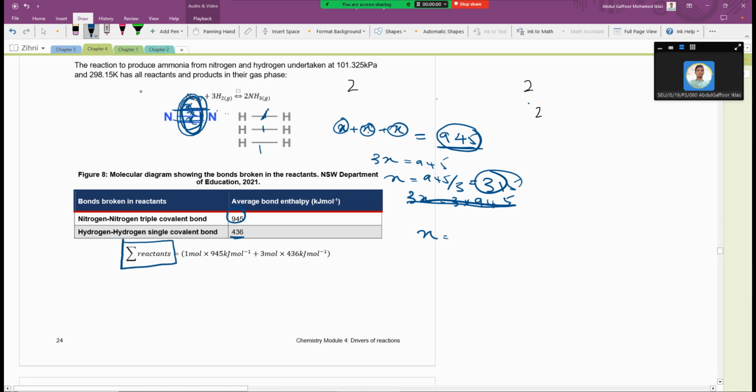Summation of bonds in the reactant side is equal to, we have to break 1 mole of nitrogen triple bond, which requires 945 kilojoule per mole, then for breaking the hydrogen bonds we require 436 for this one, for this one, for this one. So 3 times 436, right?